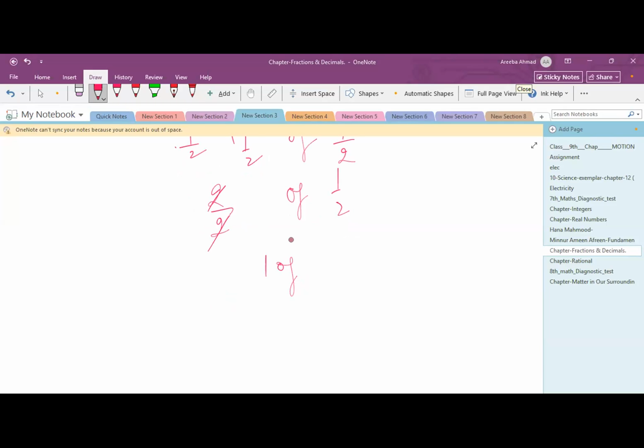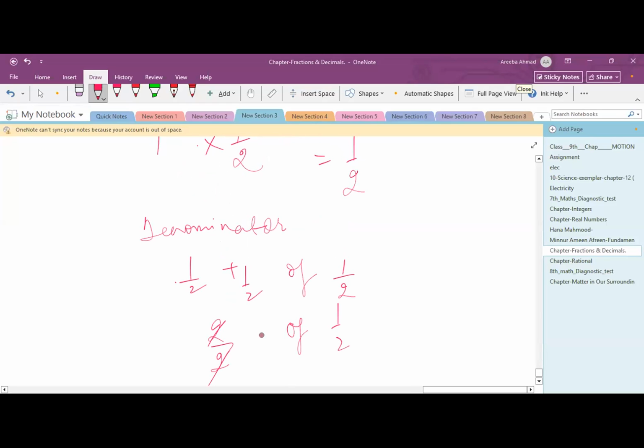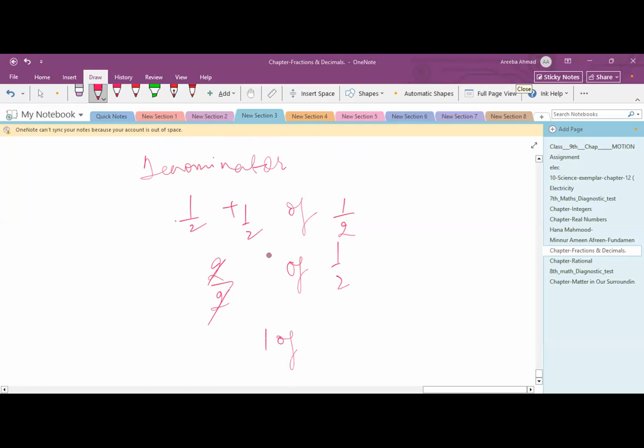Yes. But what if I say there is a catch? There is a catch in the denominator. Can you figure it out? There are 3 twos.